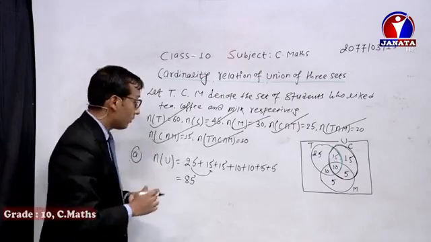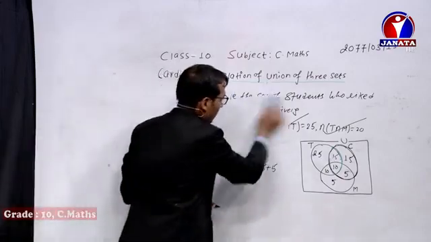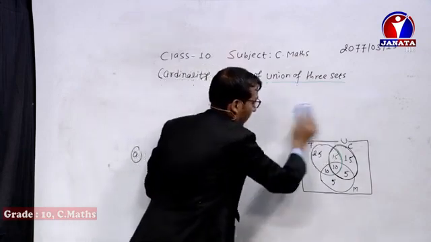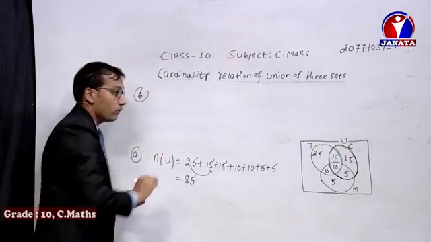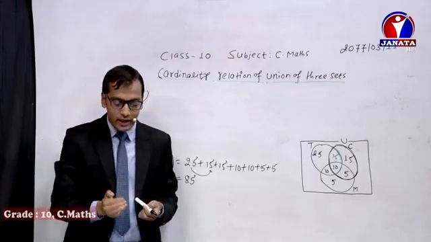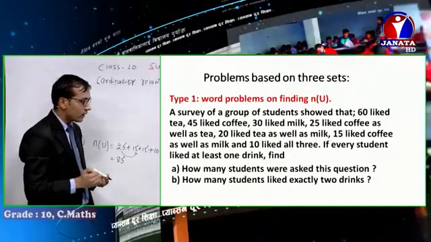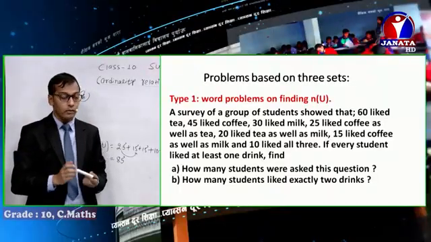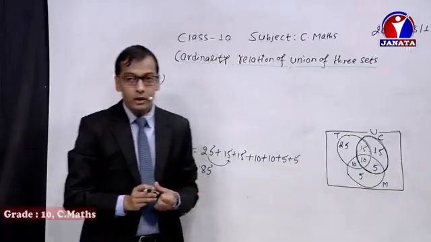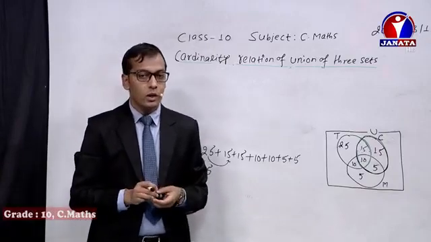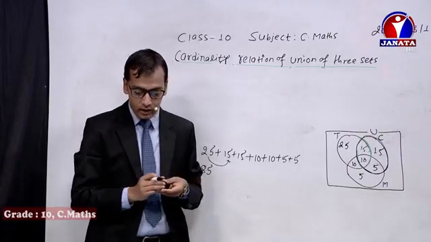Now B number, let me erase and write on the top. So with the help of the Venn diagram, what is question number B? How many students liked exactly 2 drinks? For this, from the Venn diagram, let's try to identify the different regions where the students liked exactly 2 drinks.